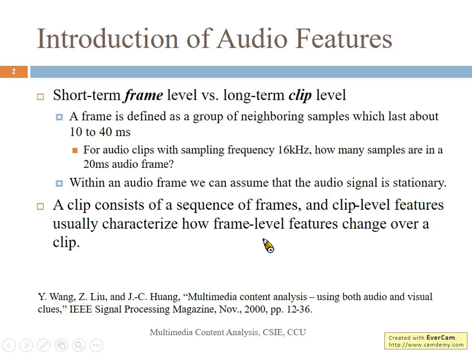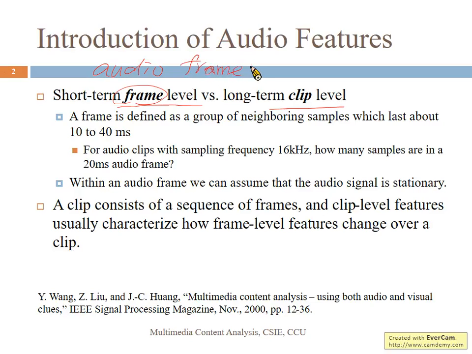Based on the unit, we extract the audio features. The audio features can be roughly categorized into frame level features and clip level features. At the frame level, we usually divide the original audio signal into audio frames.